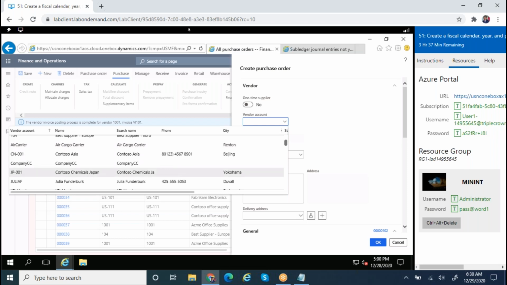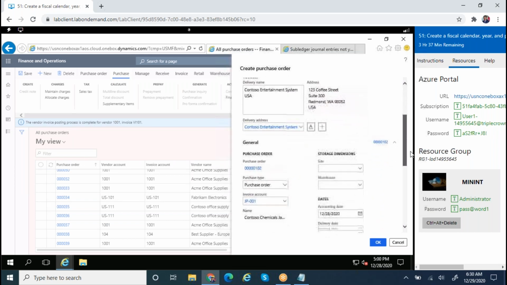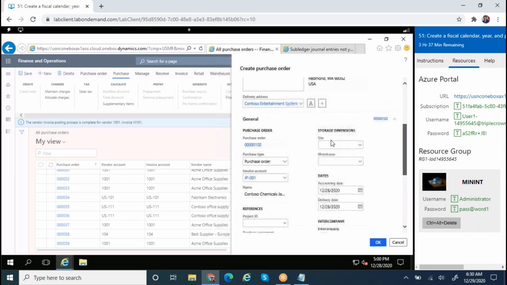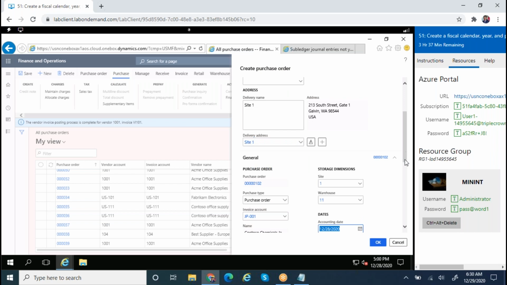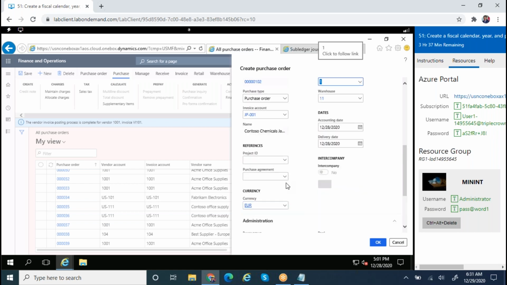Suppose this Japanese vendor I have taken, but for easy calculation, I will take euros. Okay, let me select site and warehouse. Now what I'm doing, instead of Japanese currency, I'm selecting euros. Any currency, no issues, other than US dollars.